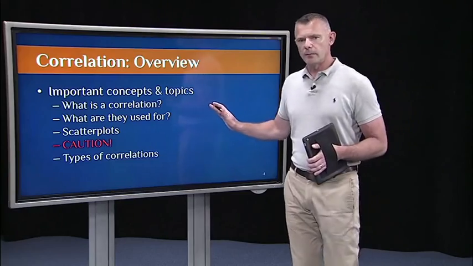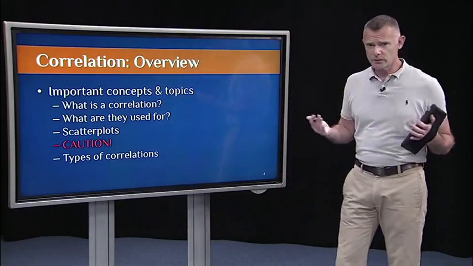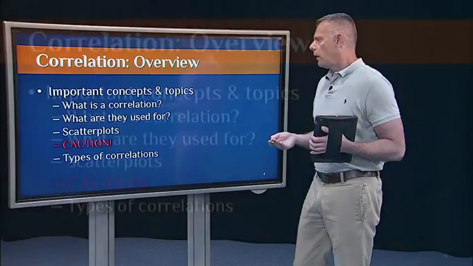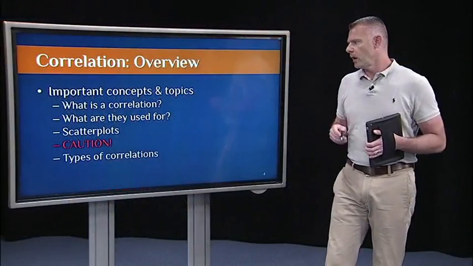The important concepts and topics to take away from this first segment are, first, obviously, what is correlation, and then what are they used for? We're also going to look at a lot of scatter plots. You saw some scatter plots in lecture 2 when I talked about the method of correlational studies, but now we'll really investigate scatter plots and look at all the details.